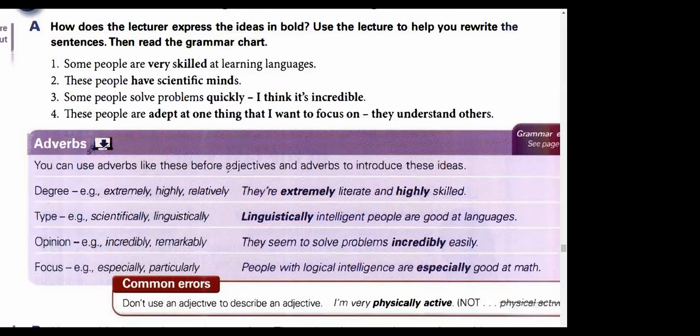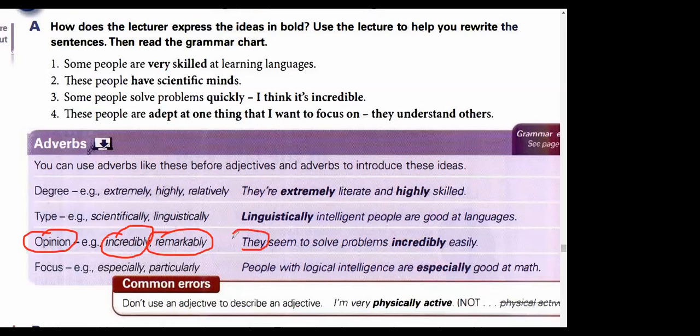We have an opinion. What is that opinion? Well, incredibly, remarkably, beautifully, elegantly, difficultly, peacefully, whatever your opinion is. For example, this example right here: they solve problems incredibly easily.